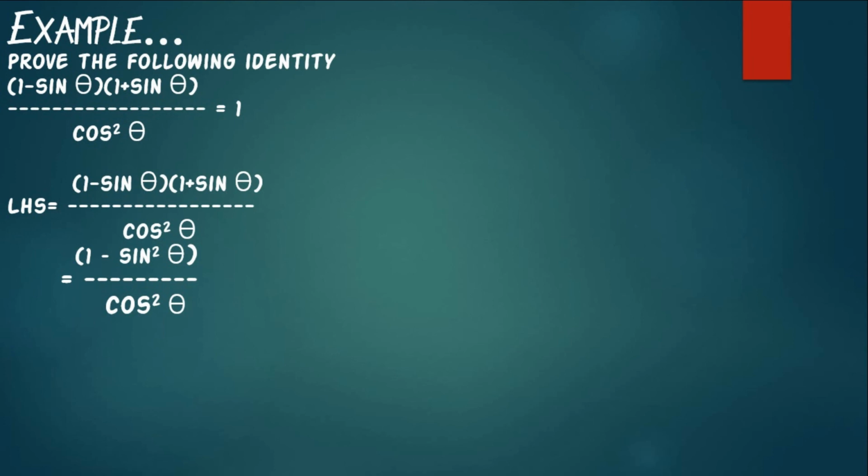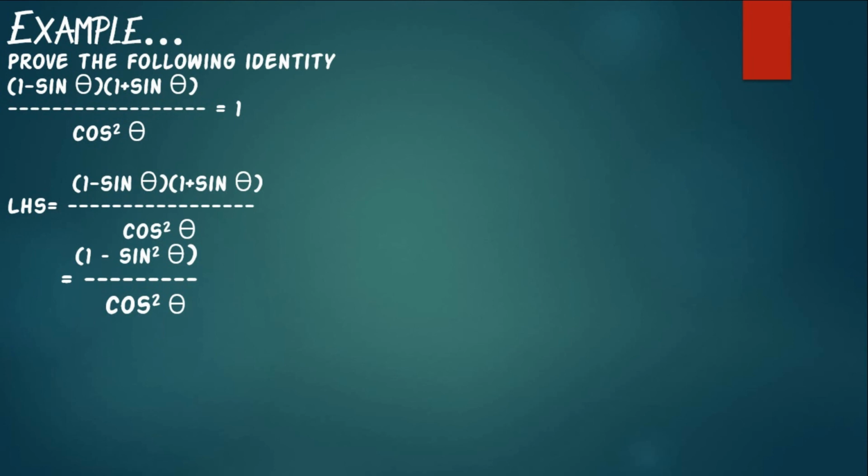Your identity says cos squared theta plus sine squared theta is equal to 1. So cos squared theta is equal to 1 minus sine squared theta. I can change 1 minus sine squared theta to cos squared theta.